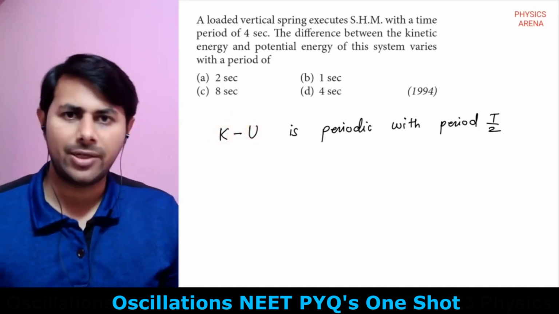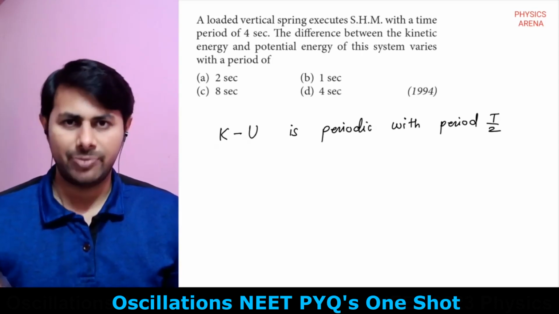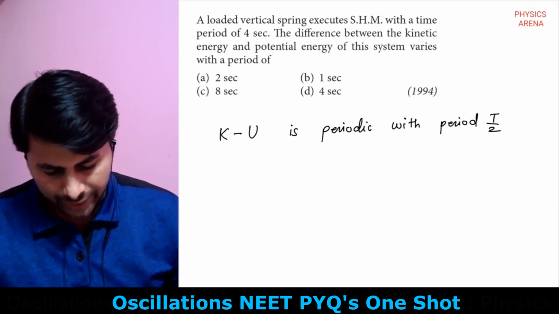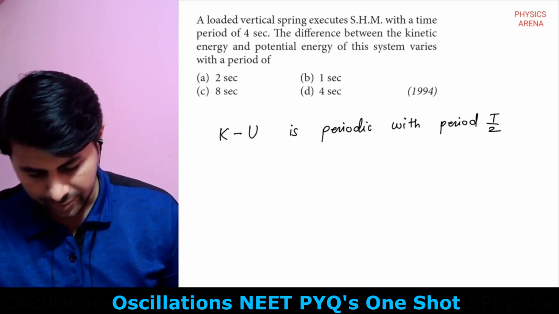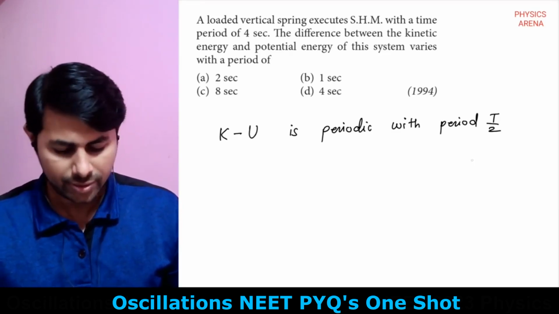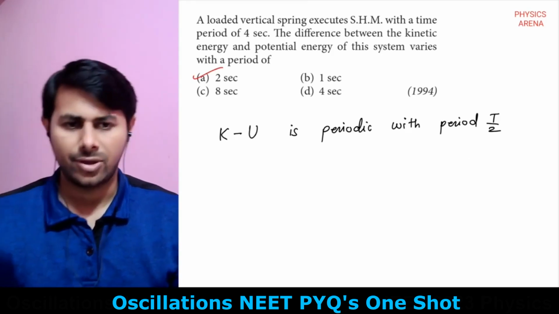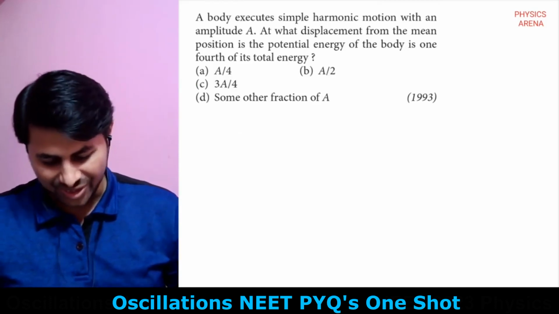So even if you take the difference, their period will be the same. And that's why the answer is, T is 4, so 4 divided by 2, 2 seconds. Option A. Let's see the next question.